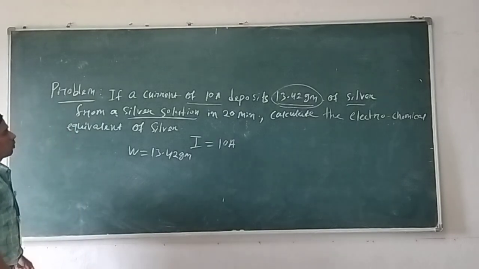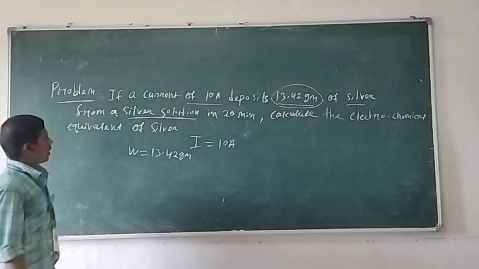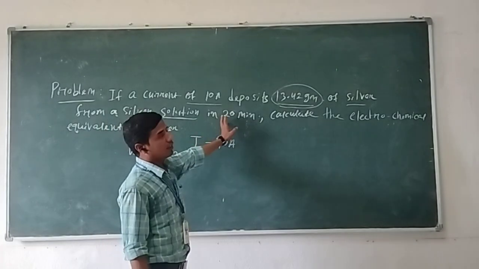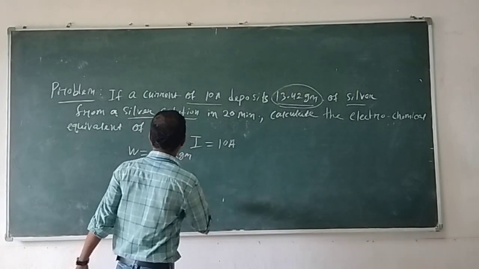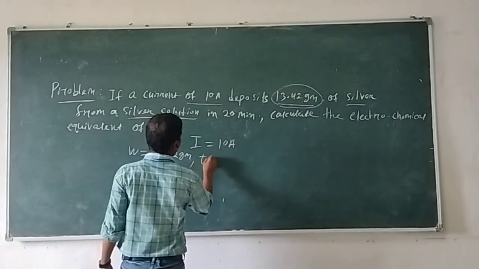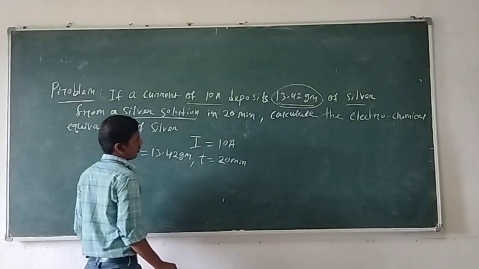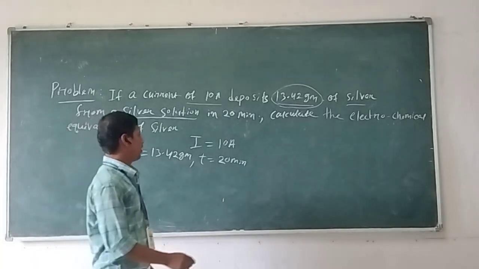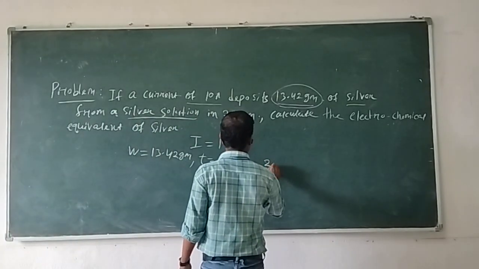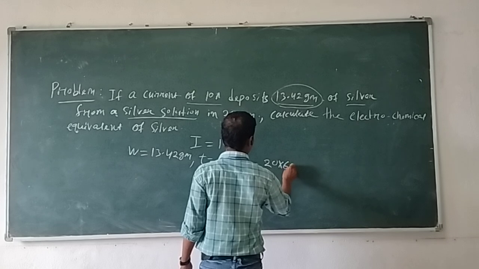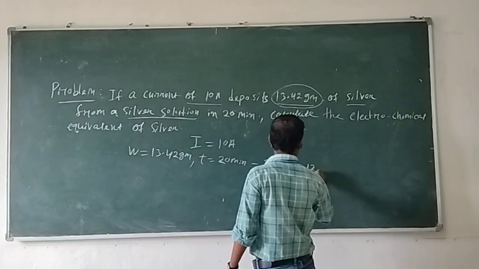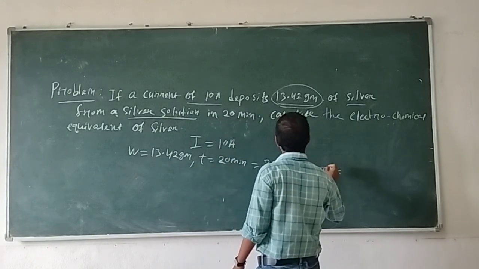The current I equal to 10 ampere and the time given is 20 minutes. So T equal to 20 minutes. We have to convert minutes into seconds, so this is 20 into 60, equal to 1200 seconds.